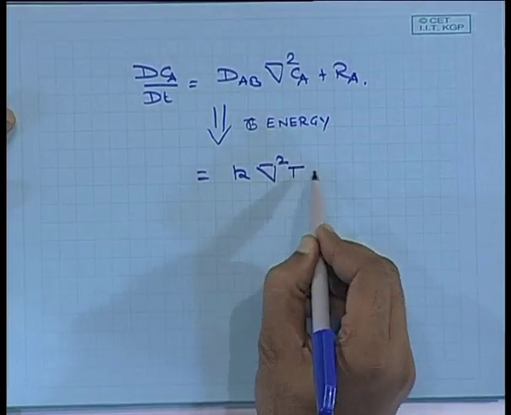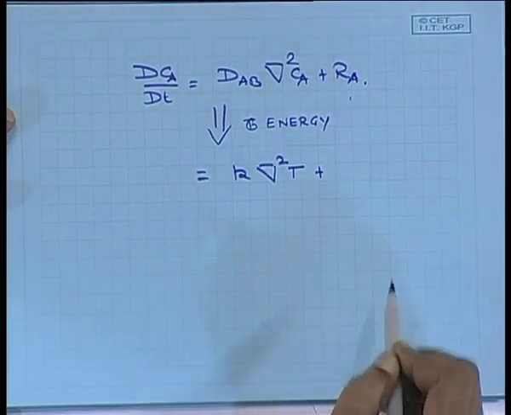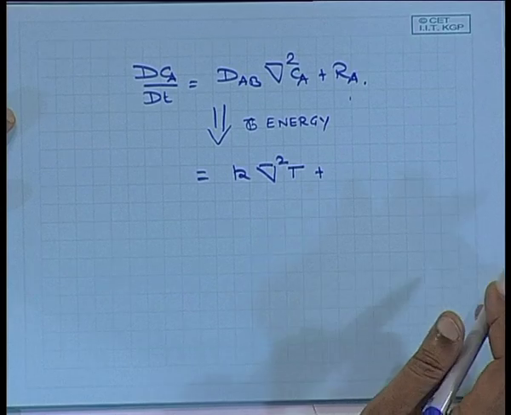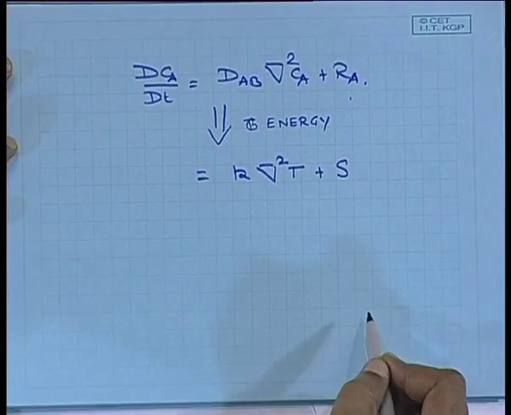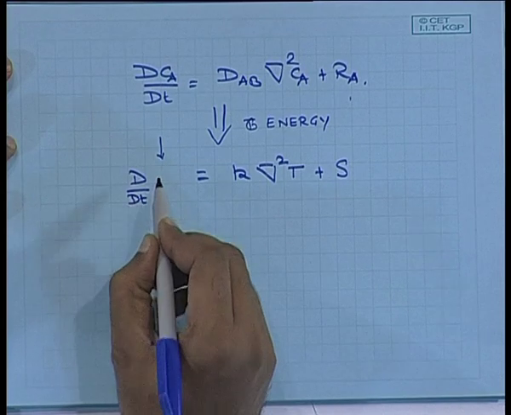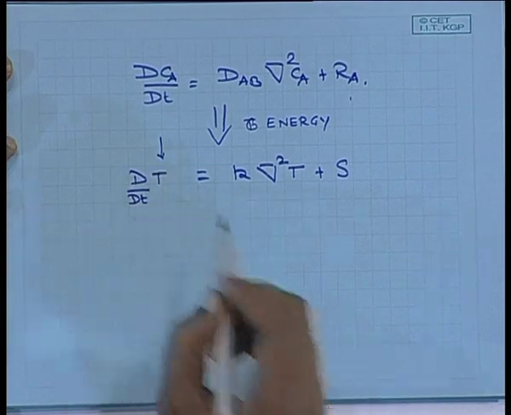Temperature. What should RA be replaced with? It is a heat generation or depletion term, basically a source term. So, let us call it a source term. Over here it should be d/dt of T.